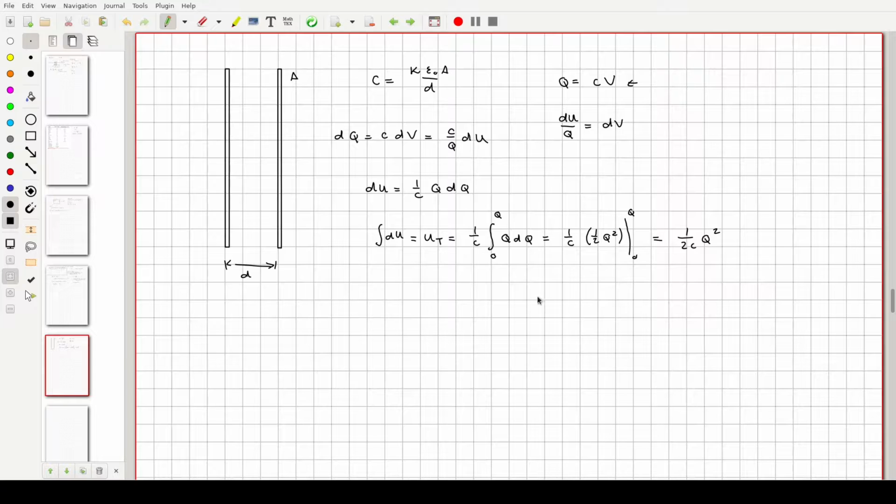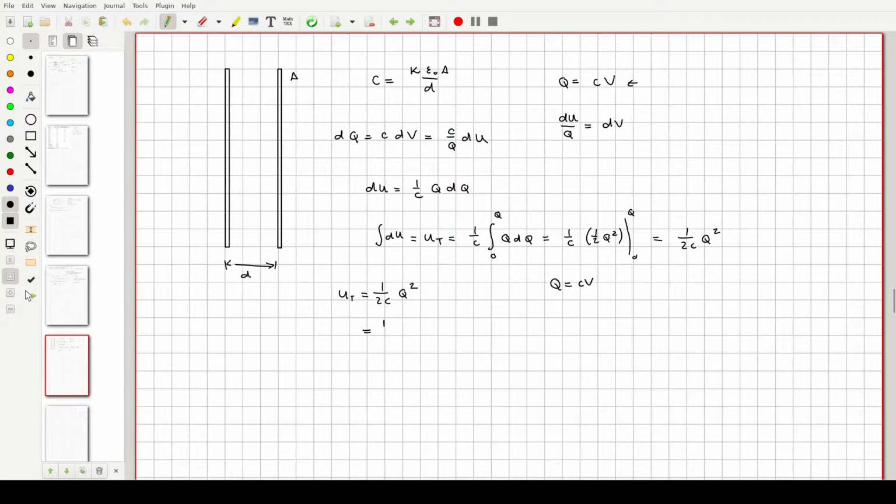So, there are a couple different ways you can write this. For example, if I ask you how much energy is stored within this capacitor and I tell you, or you're able to find out, how much charge, it's just 1 over 2C times Q squared. Or I can use the fact that Q is equal to C times V and plug that in.